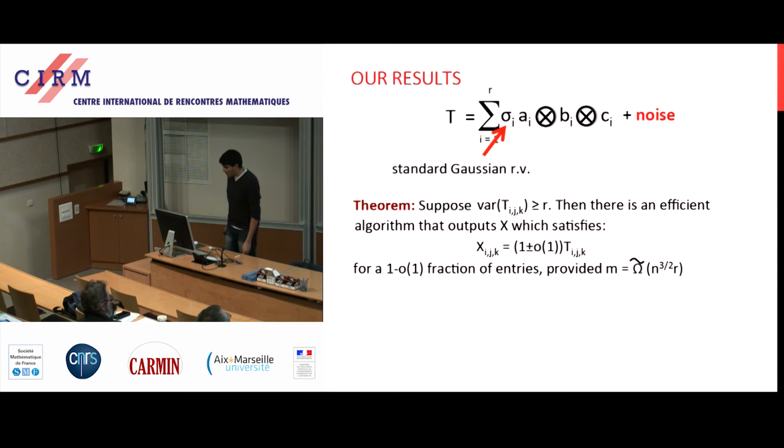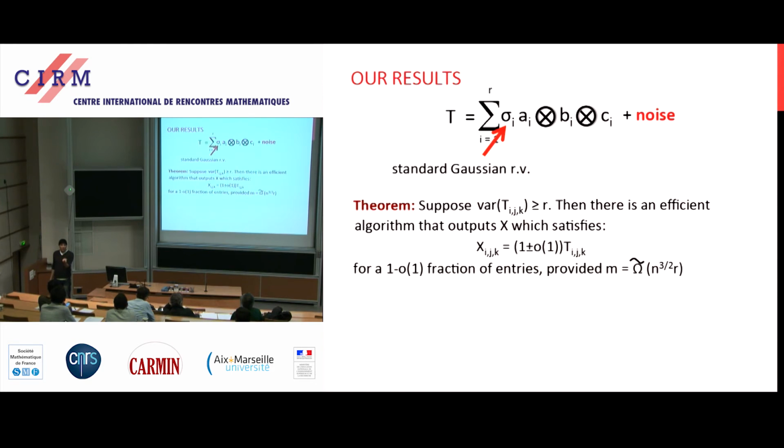Now, if you think about the typical case, A might be a vector with entries between 1 and -1, same with B and C, then you would hope that in each of the entries in this tensor, you're adding up R variables which have some constant kind of variance to them.